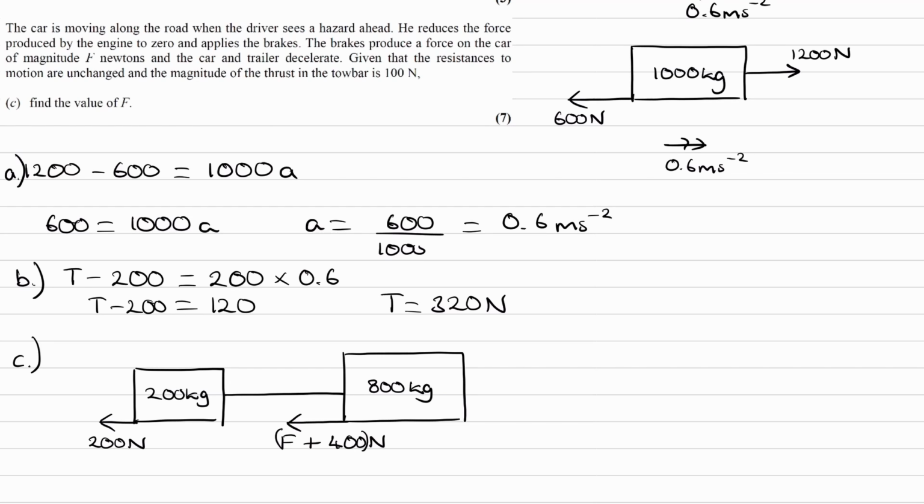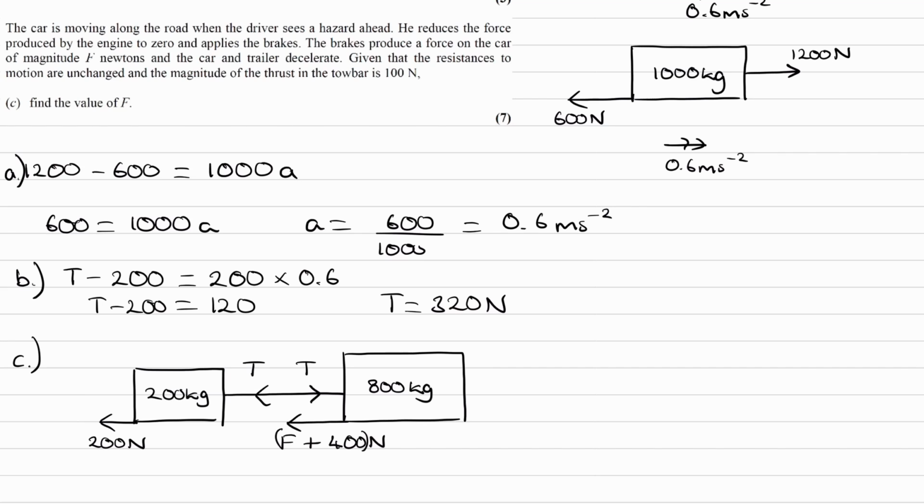We're told that the thrust in the tow bar is 100 newtons. Thrust acts in the opposite direction to tension, so if the tension was this way, the thrust will be the other way. As the car is moving forwards and it brakes, if it weren't for this tow bar, the trailer would crash into the back of the car.